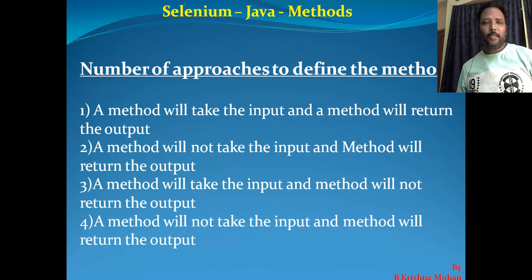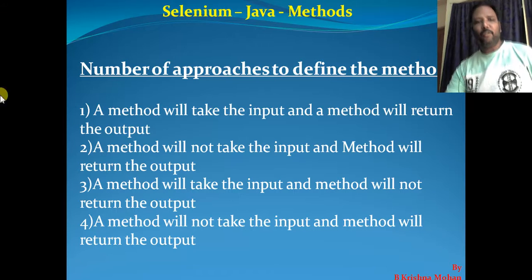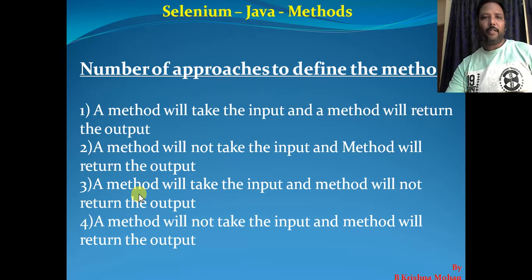Here are the approaches to define a function or a method. There are four different approaches to define a method. A method will take the input and return the output. This is one approach. Then a method will not take the input and will return the output. A method will take the input and will not return the output.